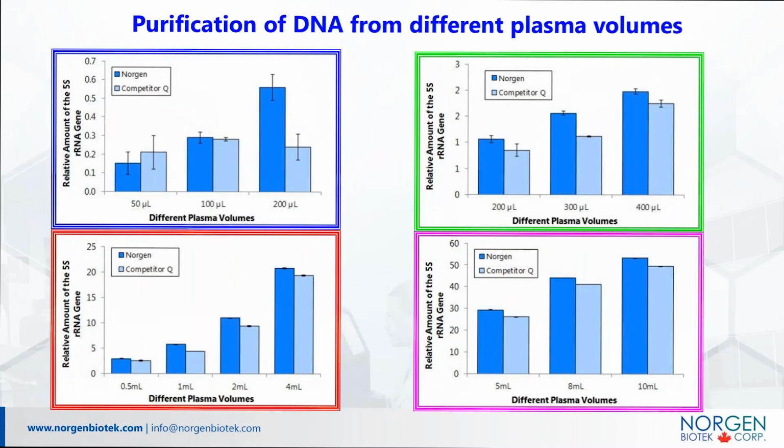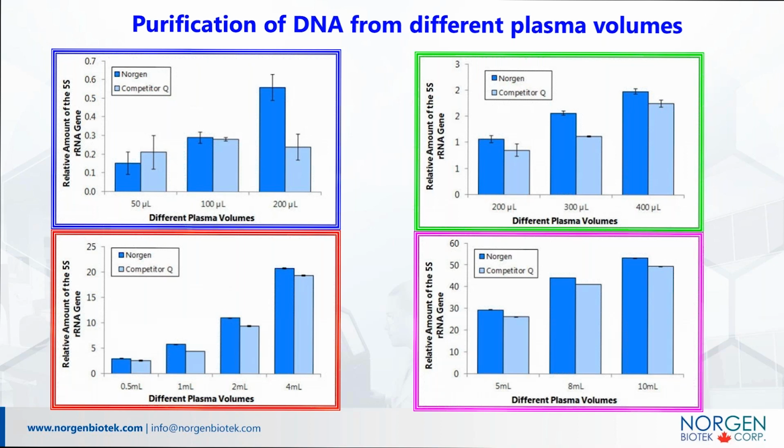So as I mentioned before, if we need more DNA, we automatically think of using more volume. Sorry, this is a representation of the amplification of the 5S ribosomal gene from different sample volumes compared to a silica-based column.